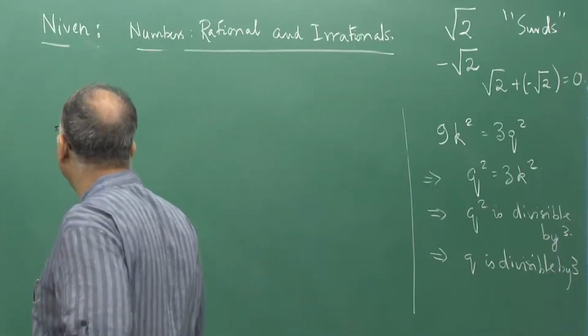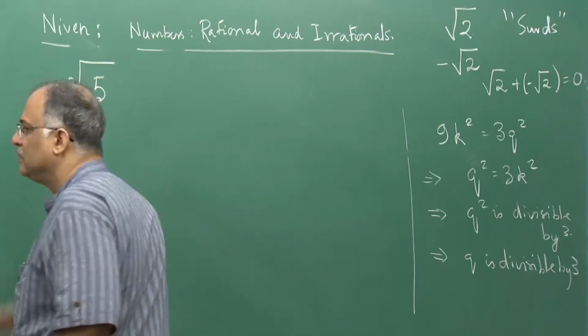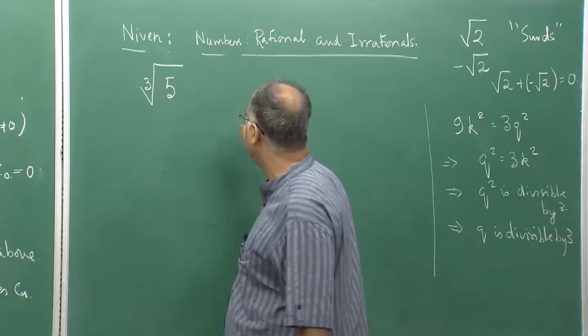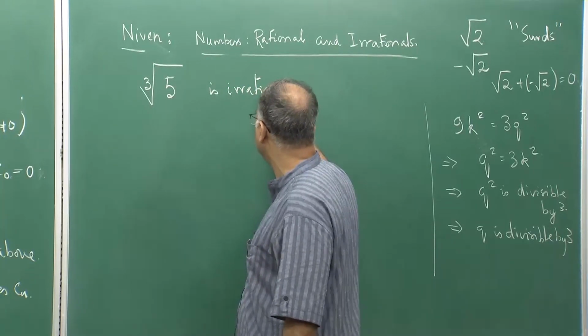Now let me ask you this question: the cube root of 5 is irrational. Can you prove it? And you will see how beautifully we can use this idea.